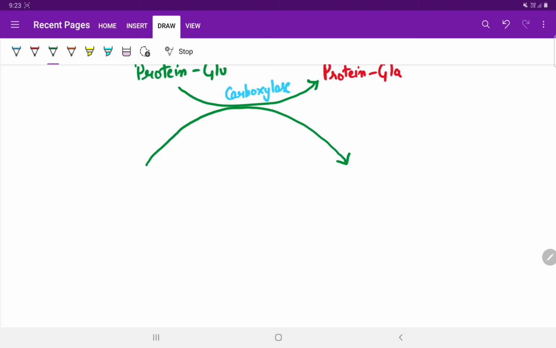So now let us see how this occurs. The vitamin K is usually in its active form known as the hydroquinone form.